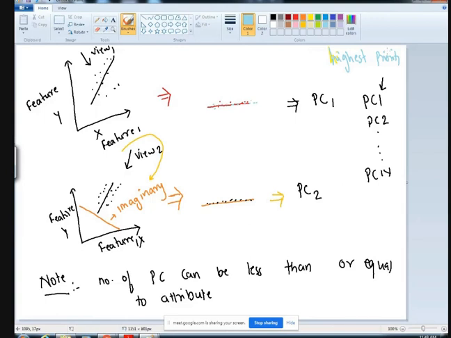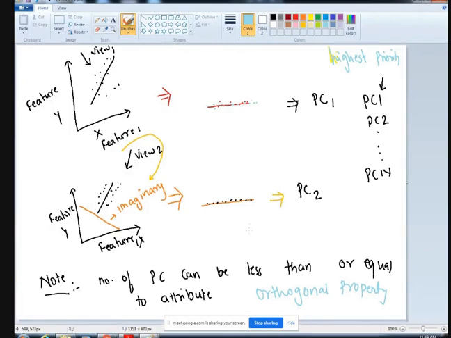Another very important thing to note is that principal components follow an orthogonal property. Orthogonal property इनके होती है. What is this orthogonal property? PC1 is not dependent on PC2 and PC2 is not dependent on PC1. Whatever outputs you have obtained for PC1 and PC2, they are independent of each other. This is the property of principal component analysis.